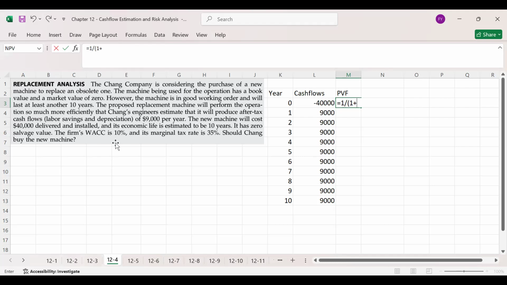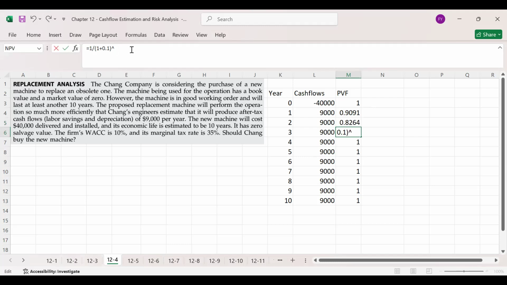Here we have WACC 10%, so we use 0.1. And n represents the number of years, so at year 0, n is 0. At year 1, n changes from 0 to 1. At year 2, n is 2.